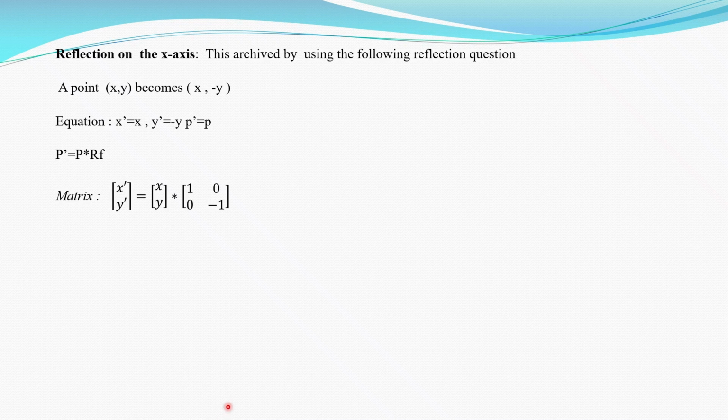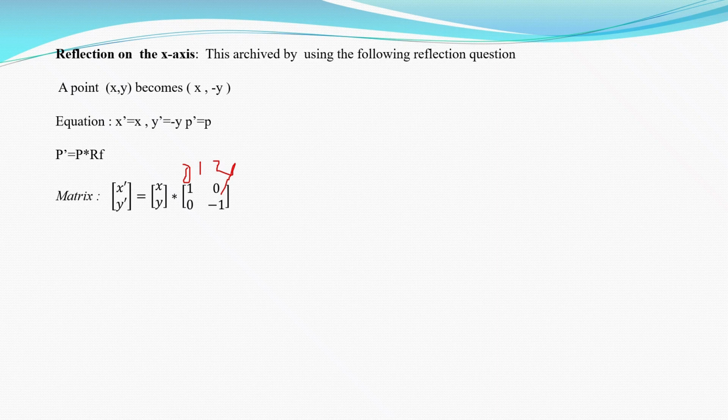The matrix is multiplied with x, y. The x coordinate value stays the same, and since we are performing on the x-axis, the y coordinate changes to its negative value. This is the reflection on the x-axis.